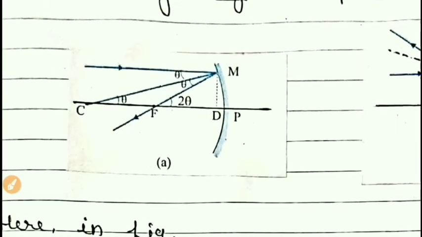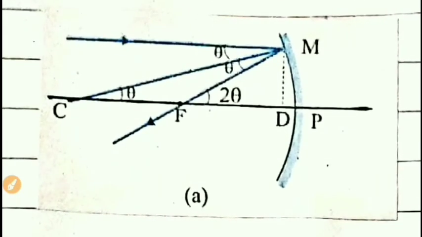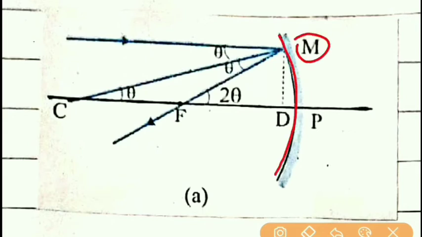Now let us consider this figure, that is a concave mirror. Here this M represents the mirror, this P represents the pole, this F is the focal point or focus, and this C is the center of curvature. Now suppose the object is at a very far distance, say at infinity.